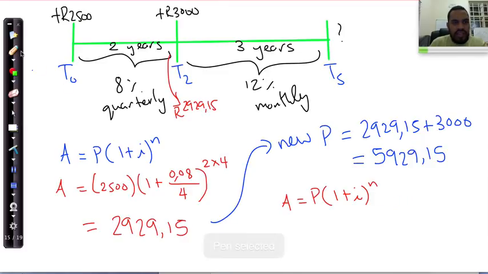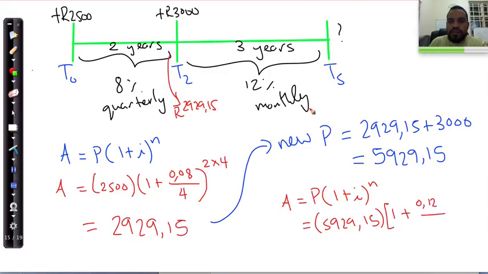And let's just take that into the next row over there. 5,929,15. That's your new P that you're interested in, and you're calculating it for the second half that we find over here. And I'm going to multiply that by 1 plus, and the interest rate is 0,12.